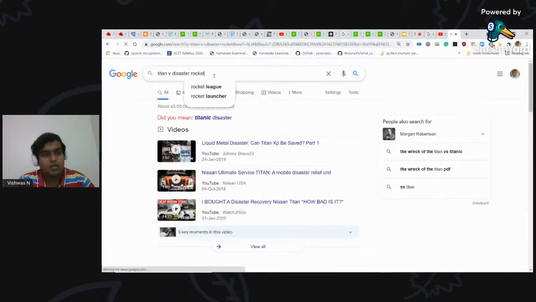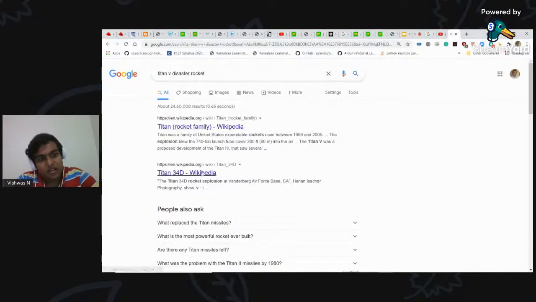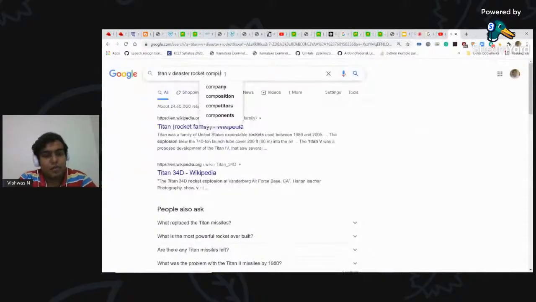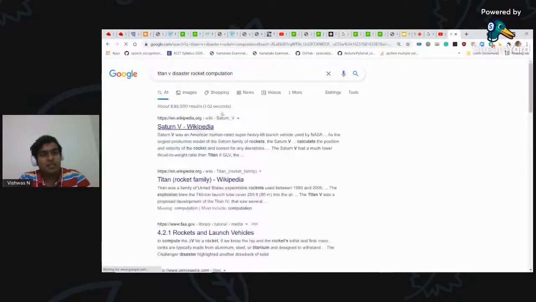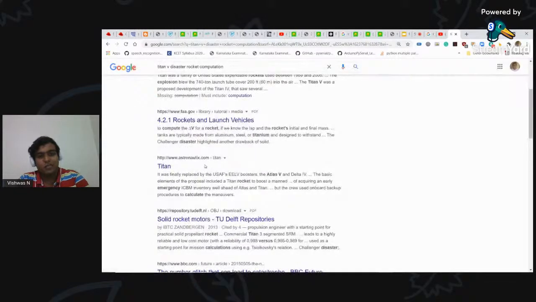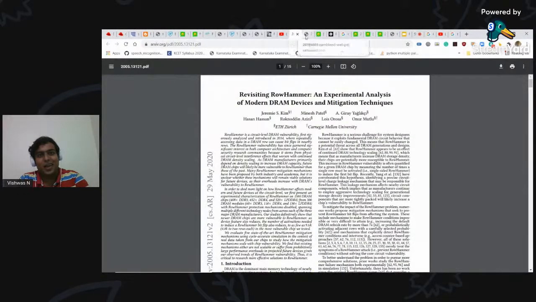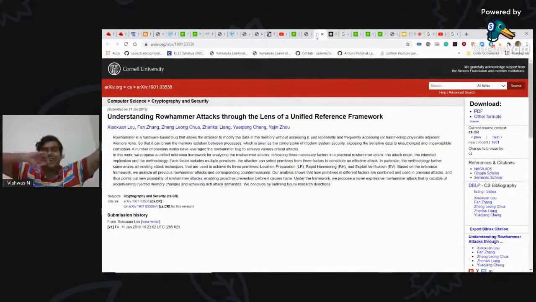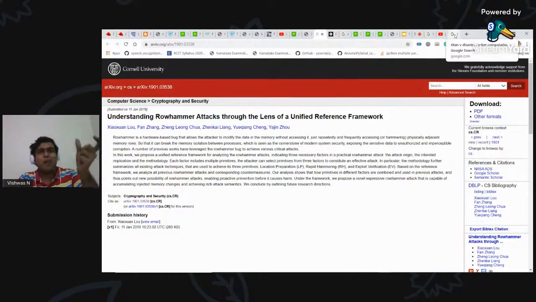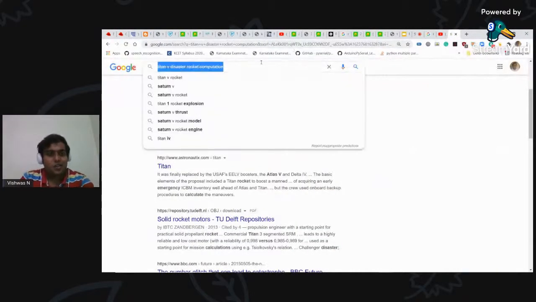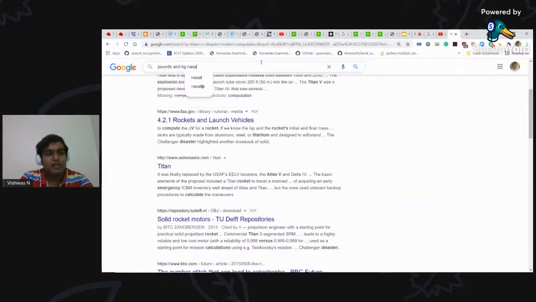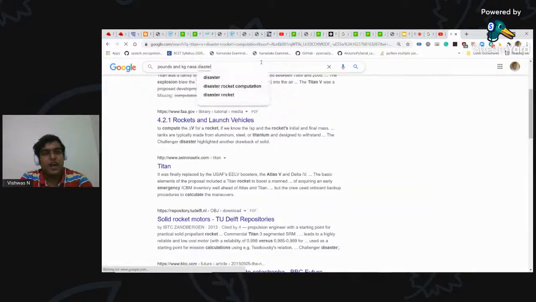I think this was actually one of the phases in which computation was not that well performing, and software had a lot of discrepancies: 16 bit, 32 bit, 64 bits, and things like that, and it didn't really work. Sometimes pounds and kgs become an error. Pounds and kg, the NASA disaster.